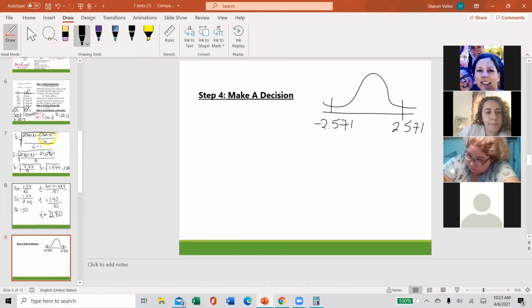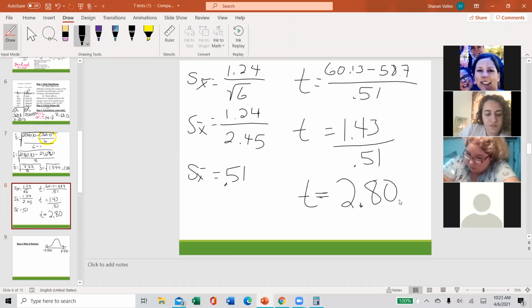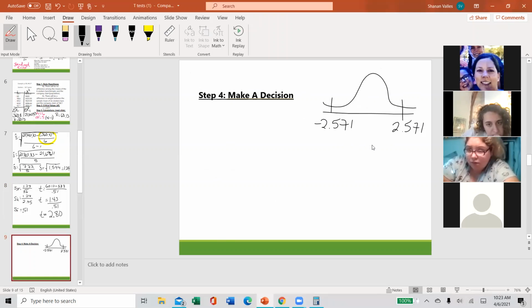Now we take our t-value of 2.8 and try to see where it fits. Where would 2.8 be on this number line, if this was an imaginary number line? It would actually exceed the 2.571.